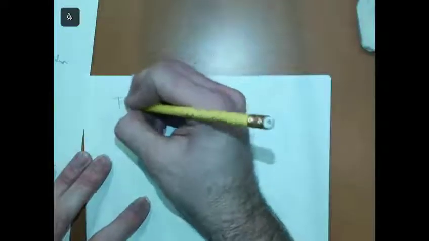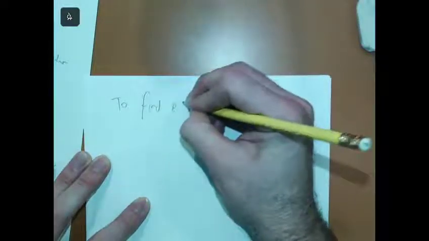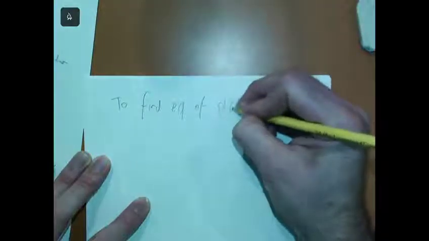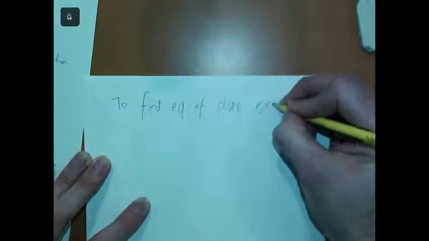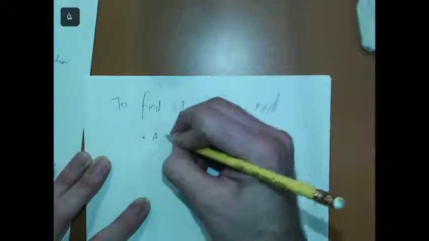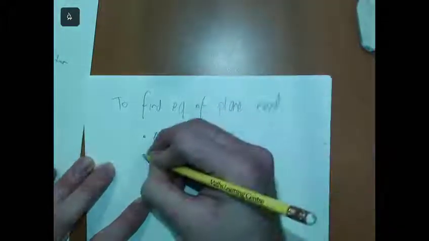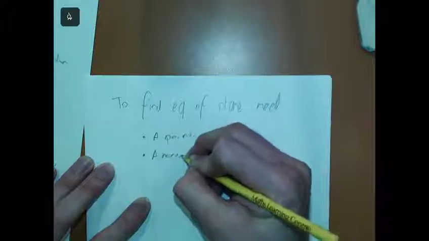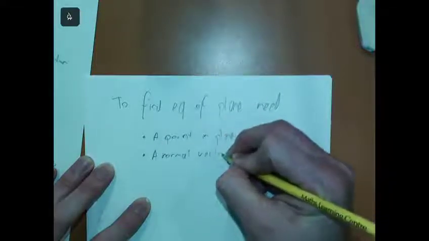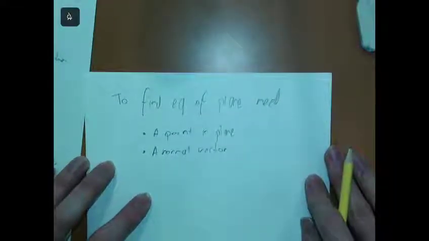So you just need one of them to tell you what that number is. So to find the equation of a plane, you need a point in the plane and a normal vector.